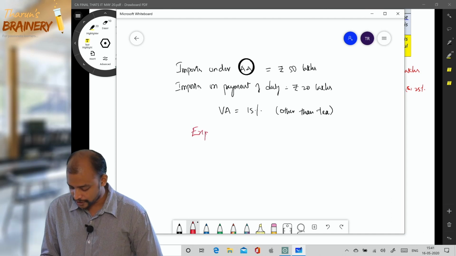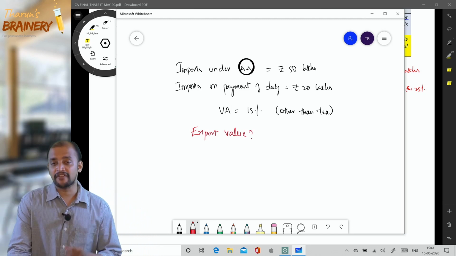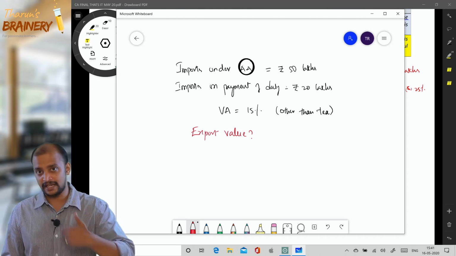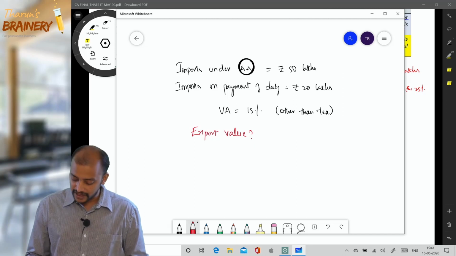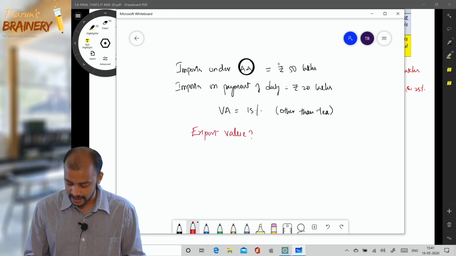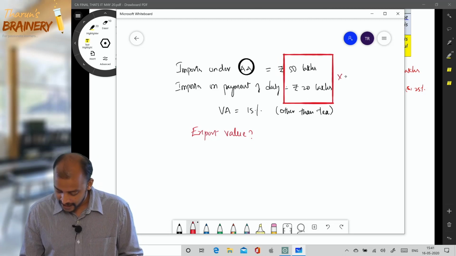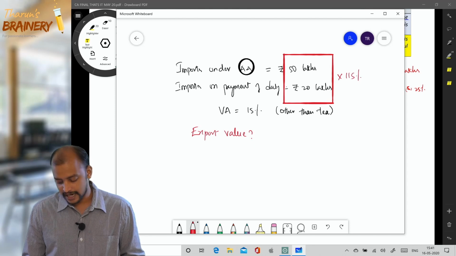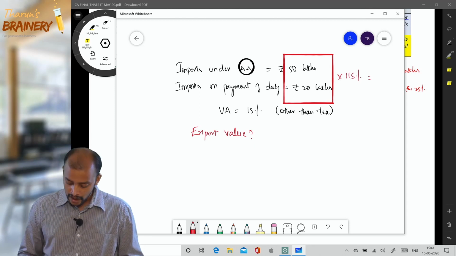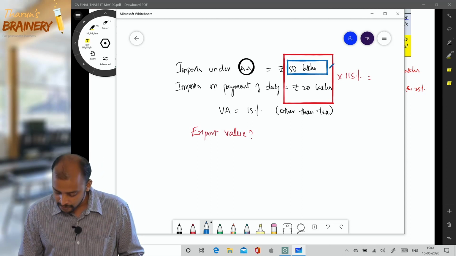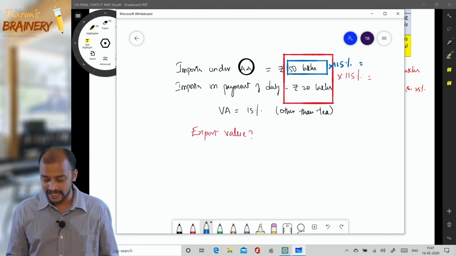The question is whether we need to take 50 plus 20, plus 15%, multiplying the entire amount with 115%, or should we take only this 50 lakhs and then multiply with 115%. Which should be taken as the answer?